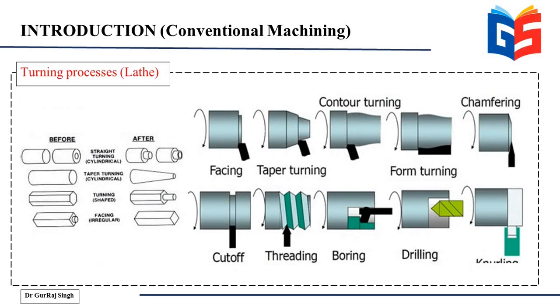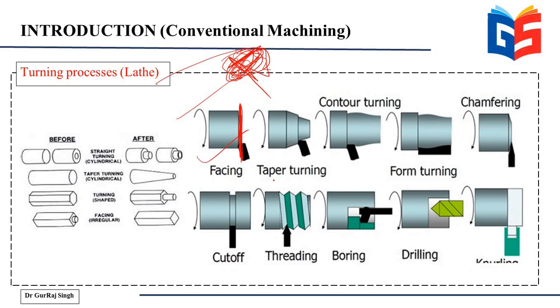Now, what are the processes that can be performed on a lathe? You have all different forms of processes. If you want to shorten the length of a workpiece at the end and just flatten this end, for example, sometimes we have a cylindrical component which has an uneven end, you want to flatten and finish it. You will use the facing operation.